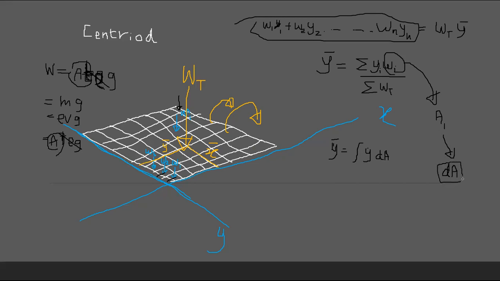This is just a small element, right? A small area, right? By dA over, this is not sigma Wt, okay? So Wt, okay, Wt can be written as the summation of Wi, right?